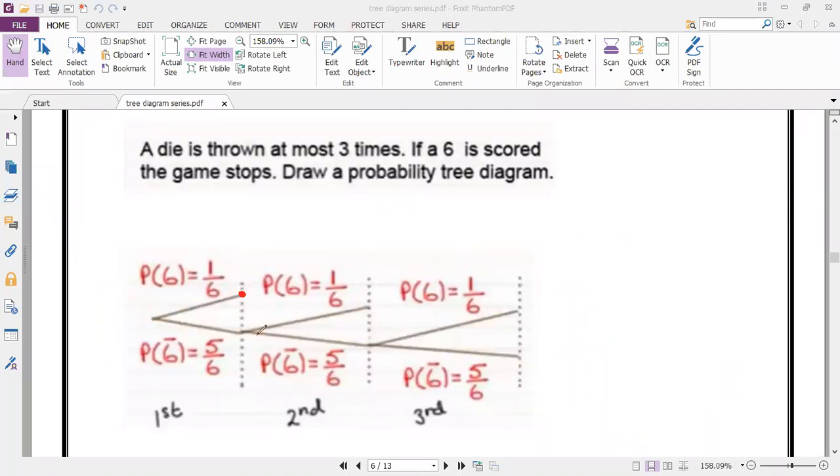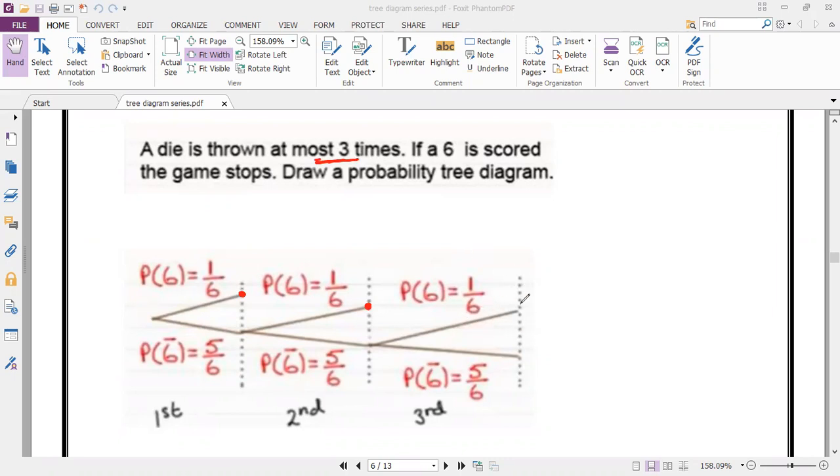That's right. And after getting any number except 6, we will do it again. And we have 2 chances, getting a 6 or not getting a 6. The probability of getting a 6 is 1/6, and the game will stop. And if you didn't get a 6, you will carry out the game again. So 5/6. Okay, and we will do it again because in the question, at most 3 times.